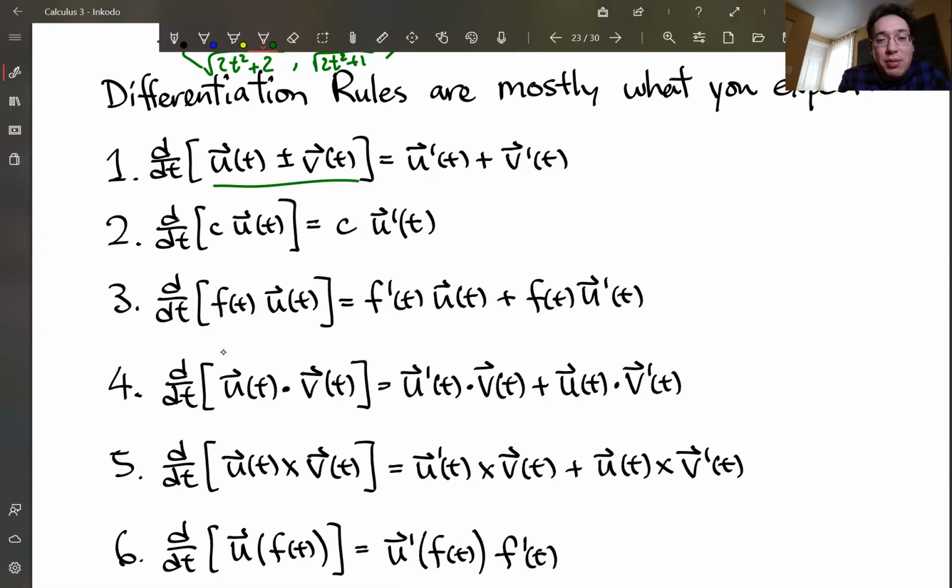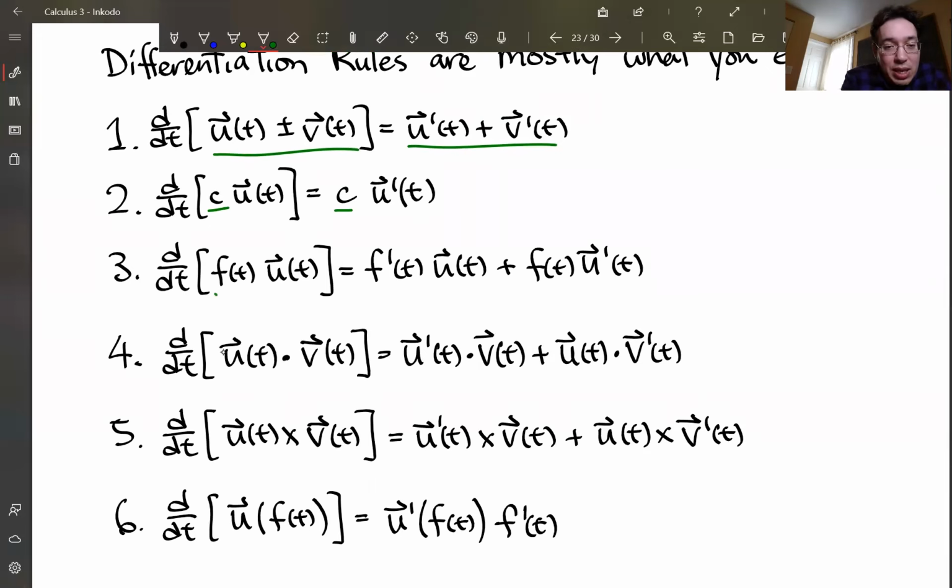If you take the derivative of the sum of vectors, it's going to be the derivatives of the vectors added together later. Multiplying a constant to a vector, you can pull the constant out if you're taking the derivative.